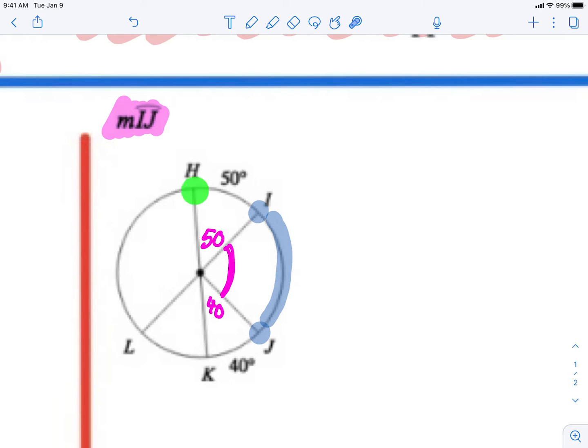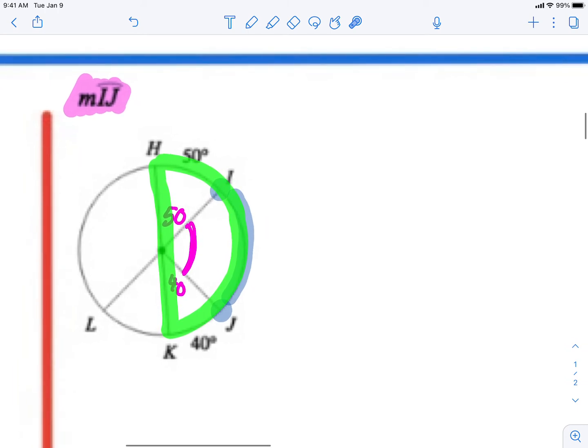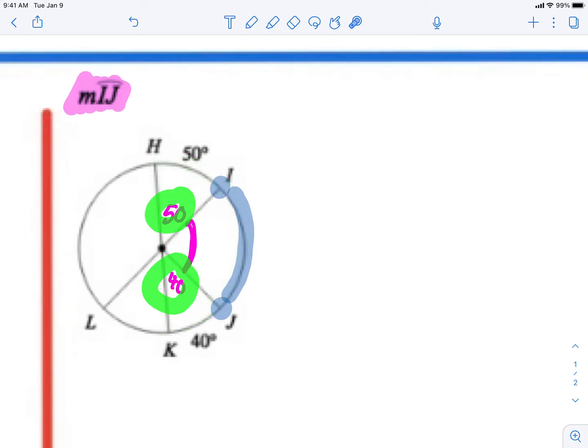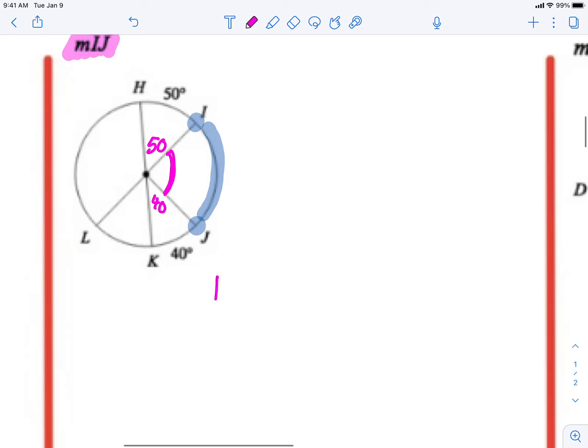And check it out. This right here forms a half a circle, which is 180, right? So if we take 180 and we subtract 50 and we subtract 40, whatever is left over is going to be that right there.